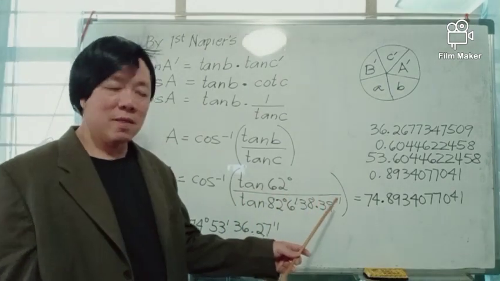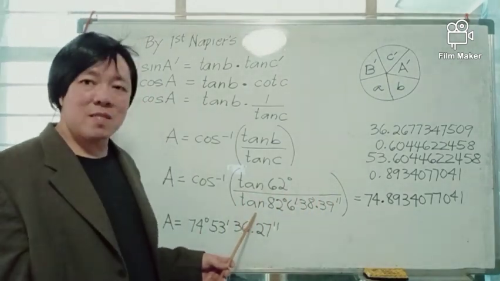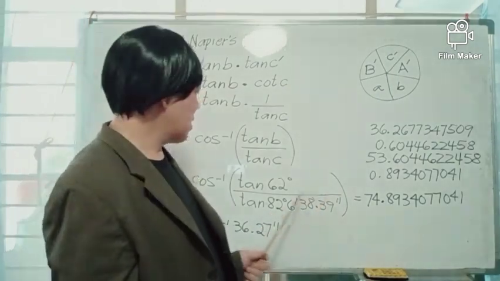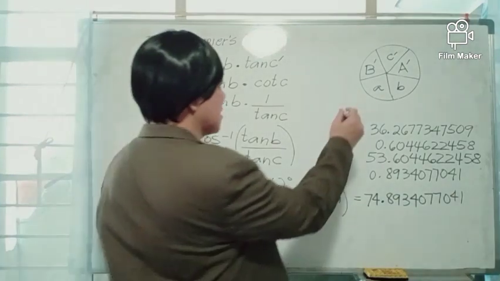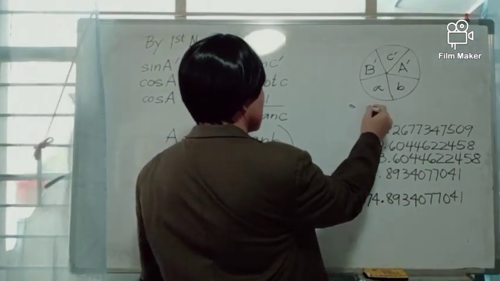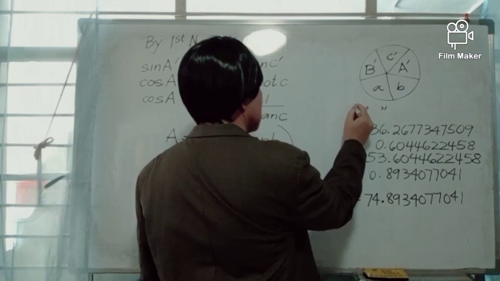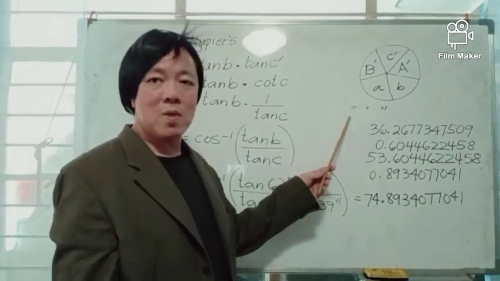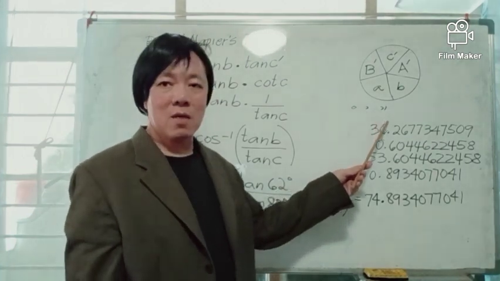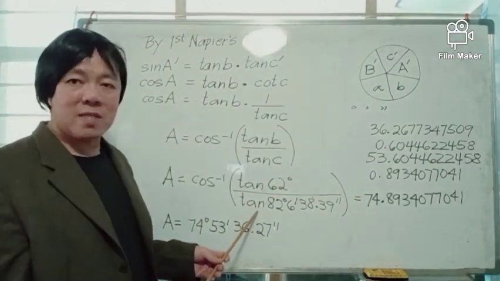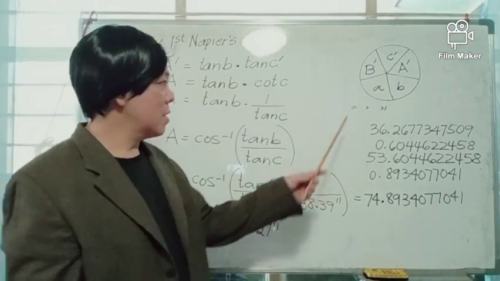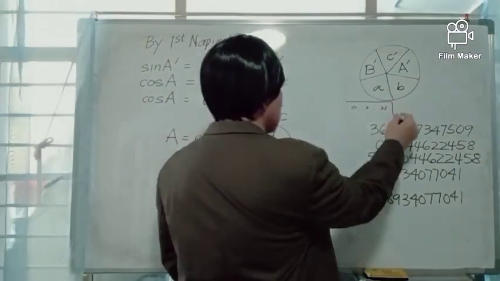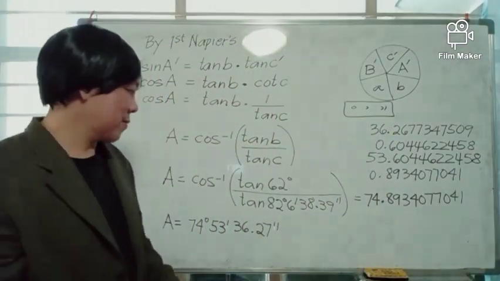Press divide, then press tangent, press 82, and for the degree, you press the key with these symbols. You have a key in your scientific calculator with this symbol for degree, minute, and seconds. After you press tangent, you press 82, then you press this key. This is just one key in the calculator.